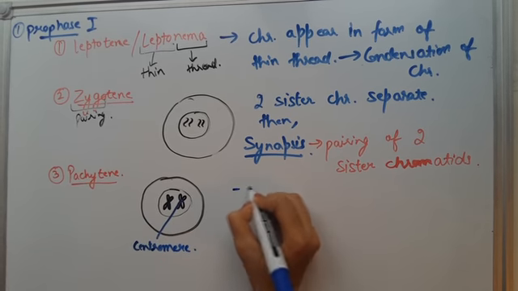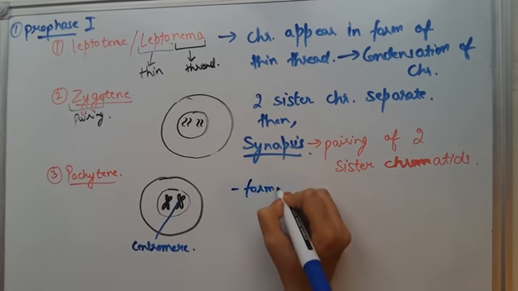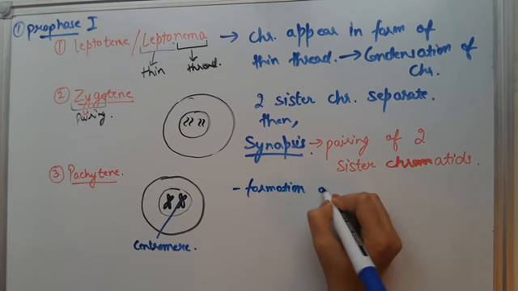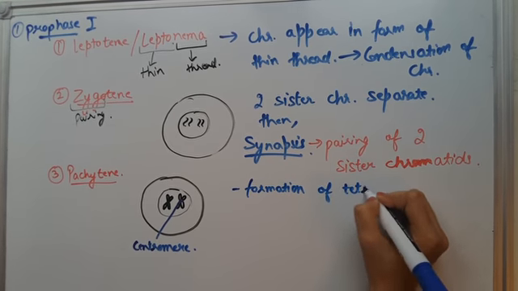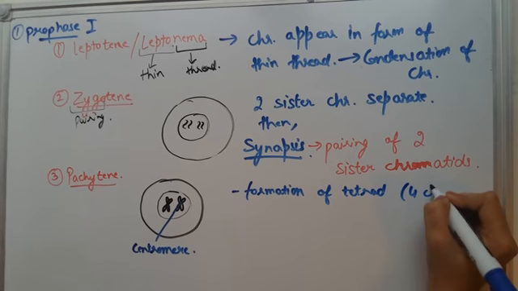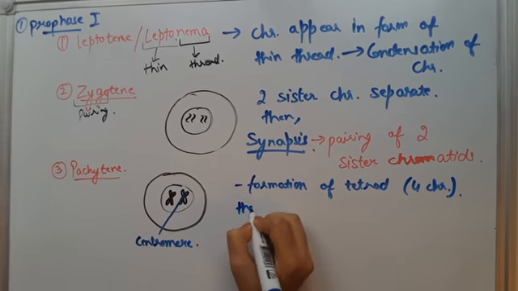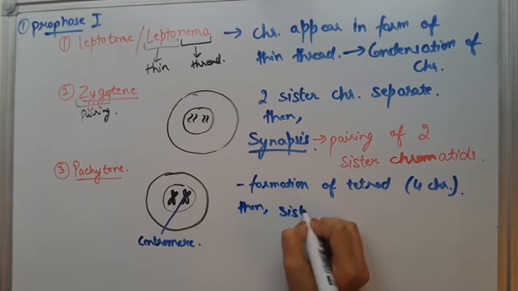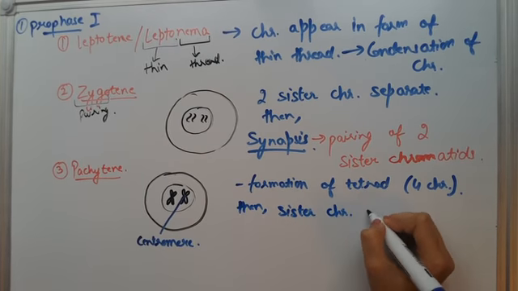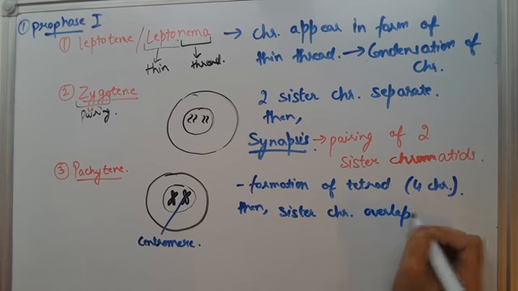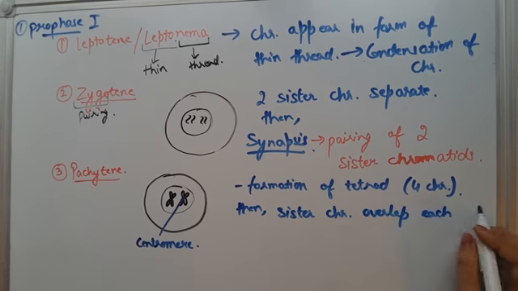So the general points here are formation of tetrad, that is 4 chromatids together, and then sister chromatids overlap each other in this phase.